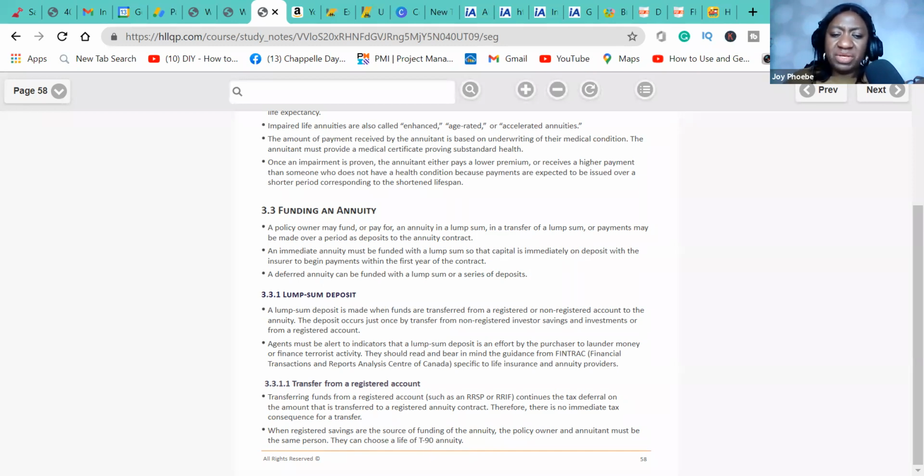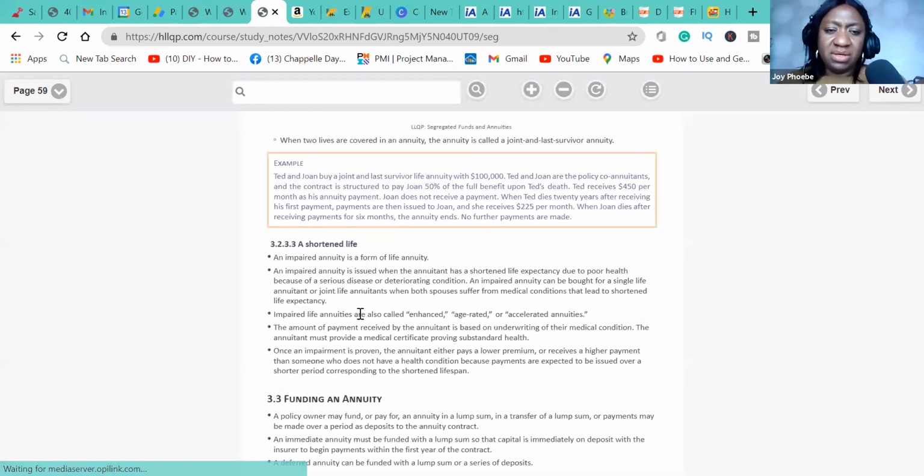When registered savings are the source of funding of the annuity, then the policy owner and the annuitant must be the same, just like what we saw in chapter one, I think. When you are transferring from your registered account into an annuity, the policy owner has to be the same as the annuitant, who is the person designated to receive the payment.